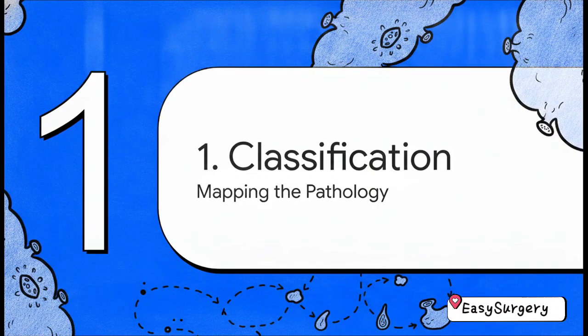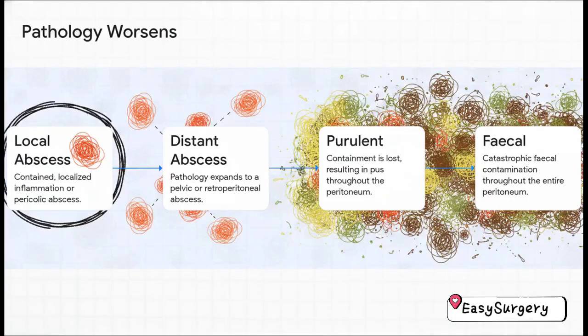Section 1. The Hinchey classification system, mapping the pathology. So imagine a micro-perforation in the colon. The pathology progressively worsens from there. At step 1, your body manages to wall it off, creating a contained, localized inflammation or abscess right next to the colon. But if it escapes that containment, step 2 expands into a distant abscess.